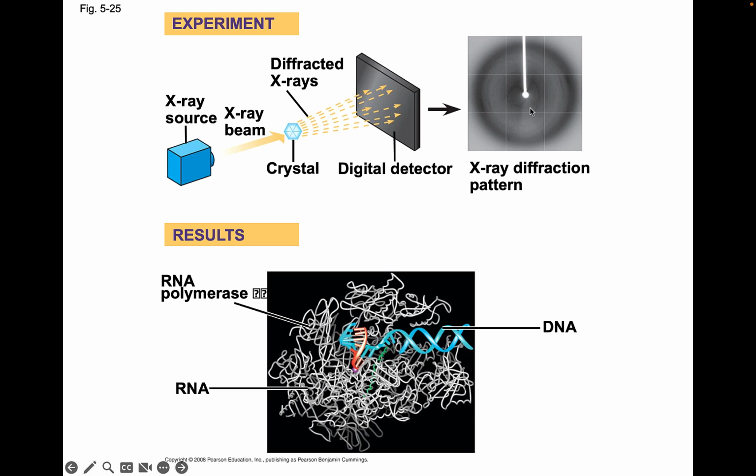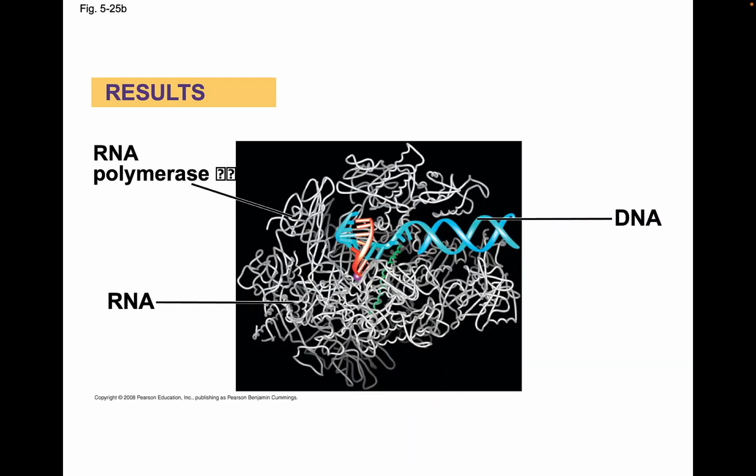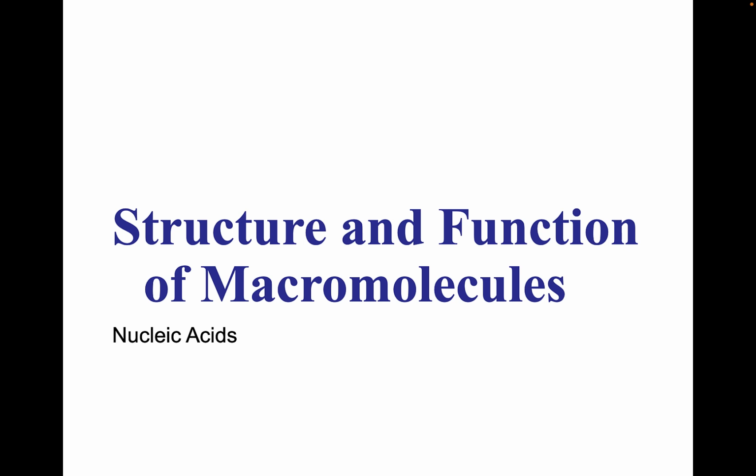Again, you have to be well skilled in how to do this to interpret it. From this, they determine this. And again, this is all done by computers, not by people looking at it. Okay? Next up will be nucleic acids.